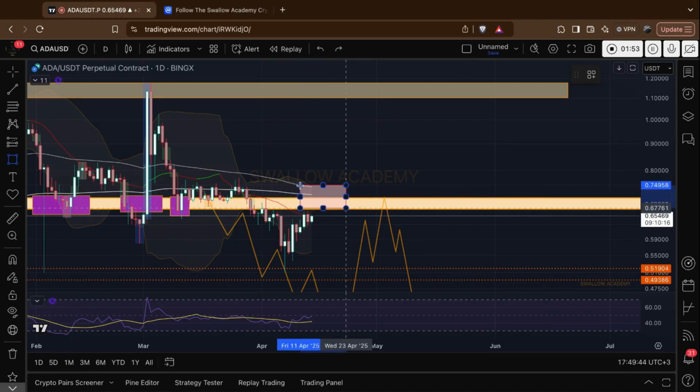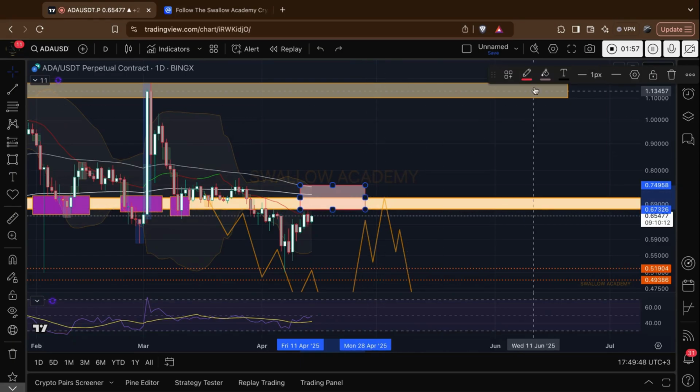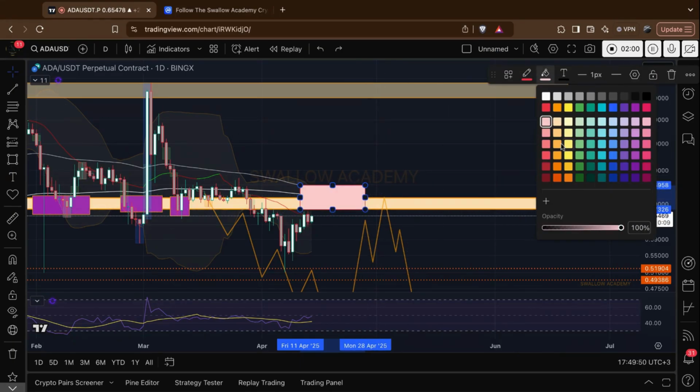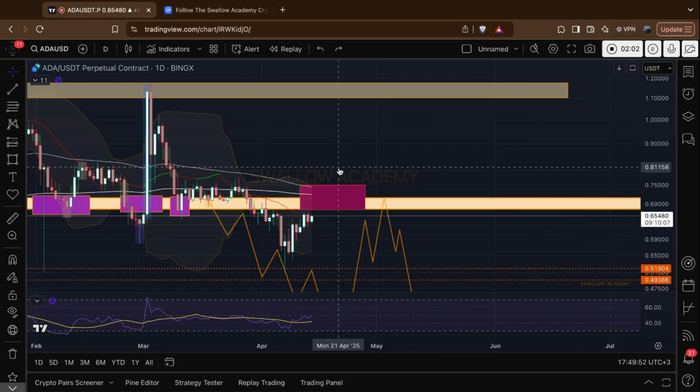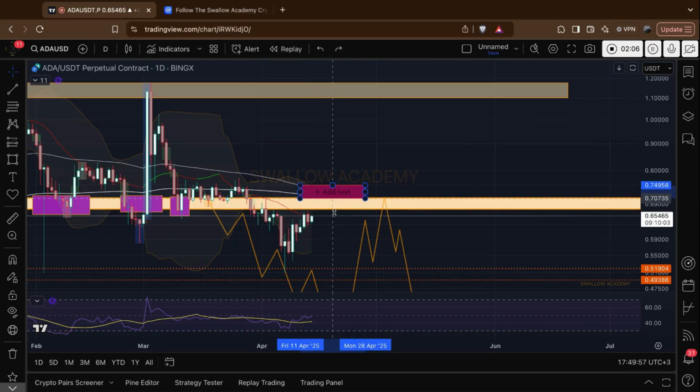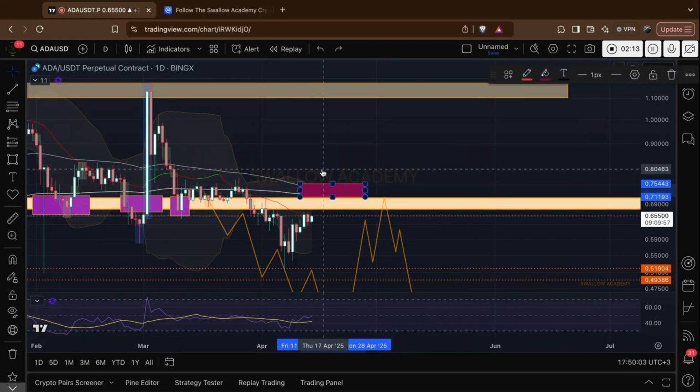So this zone here marks, let's put it like this.